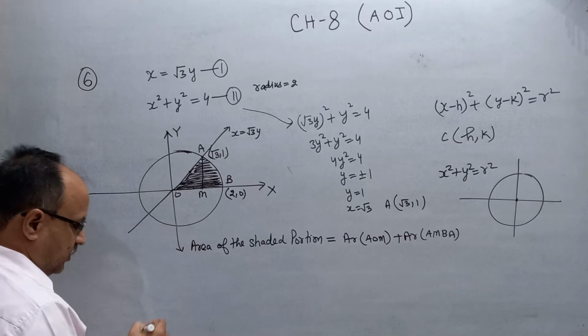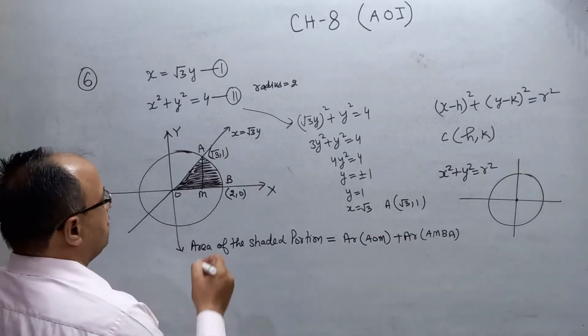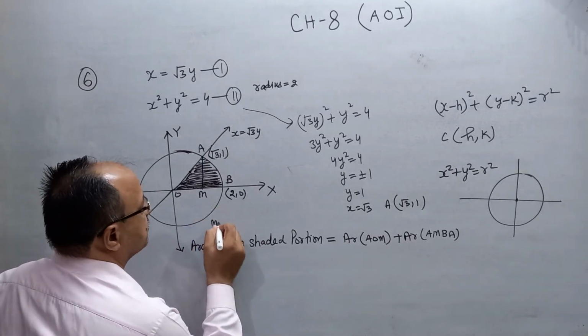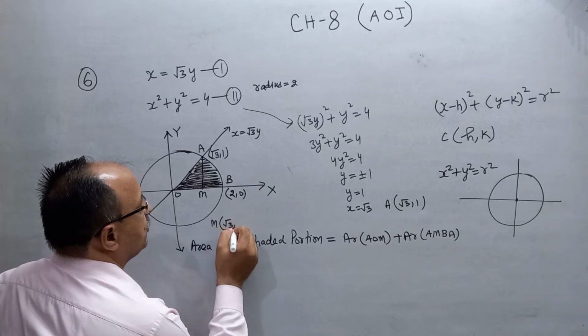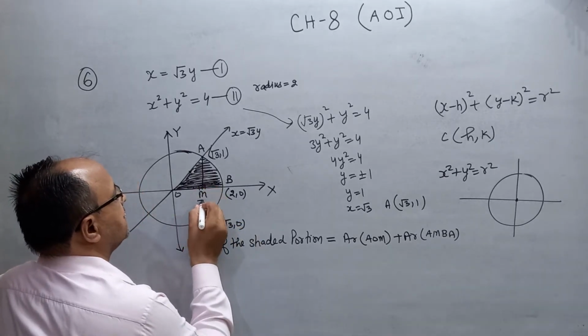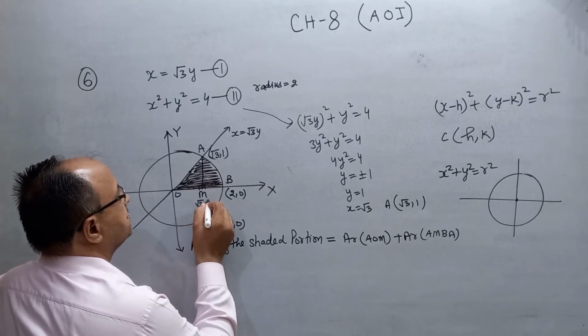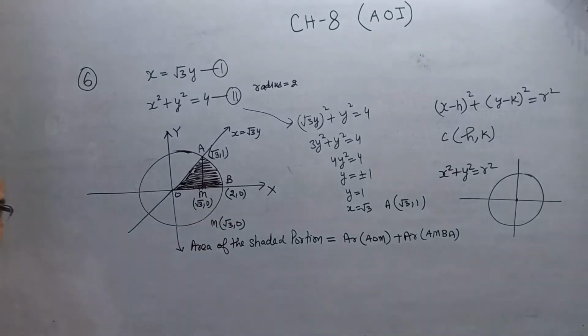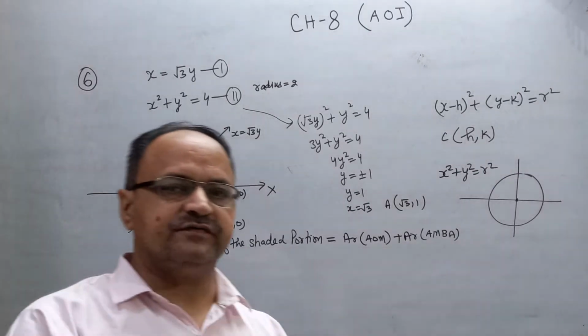Now can you tell me the coordinate of M? Coordinate of M, that is root 3 comma 0, because M lies on the x-axis. Now can you tell me the limit of the shaded portion?